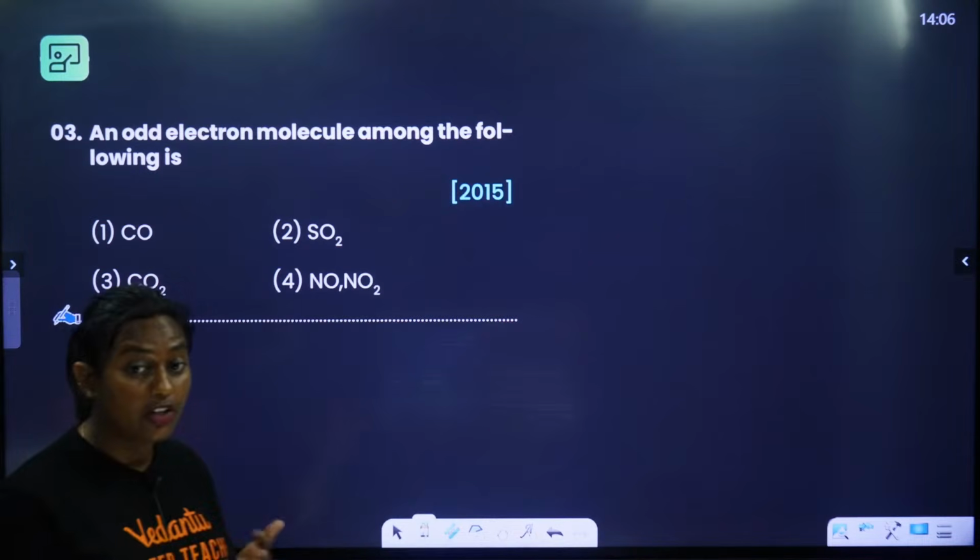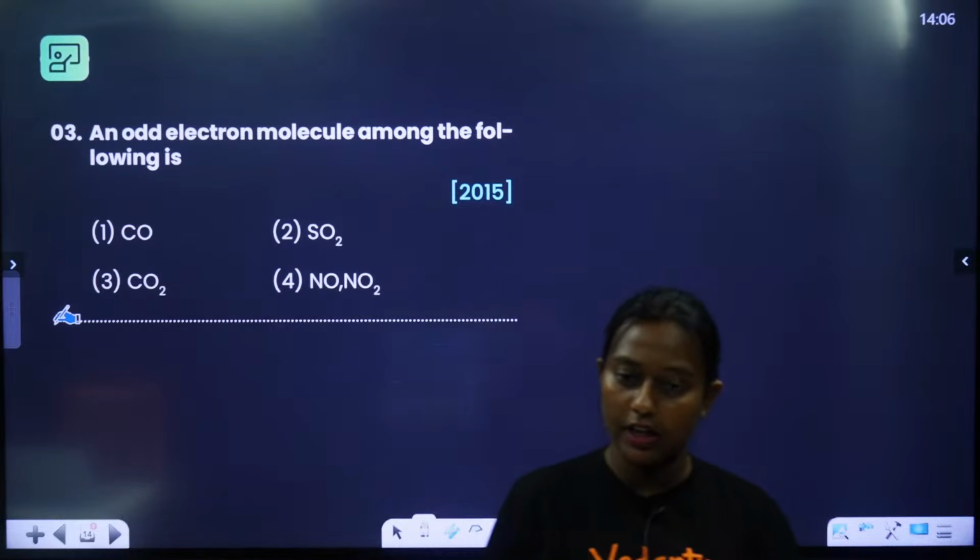Odd electron, we already discussed odd number of electrons.